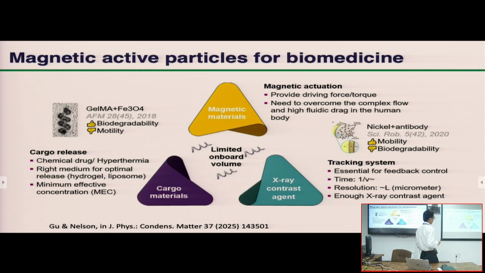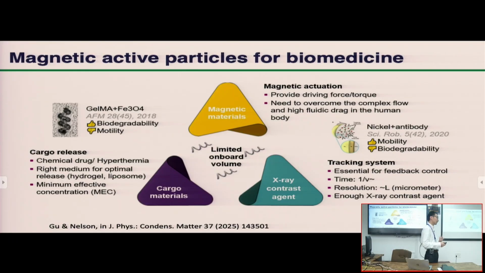And we also sometimes need X-ray contrast agents so we can track them. But a composite carrier or active carrier has only limited space. So if you want to improve one aspect of this, necessarily you have to reduce another part of it. So there's an impossible triangle of designing these systems.